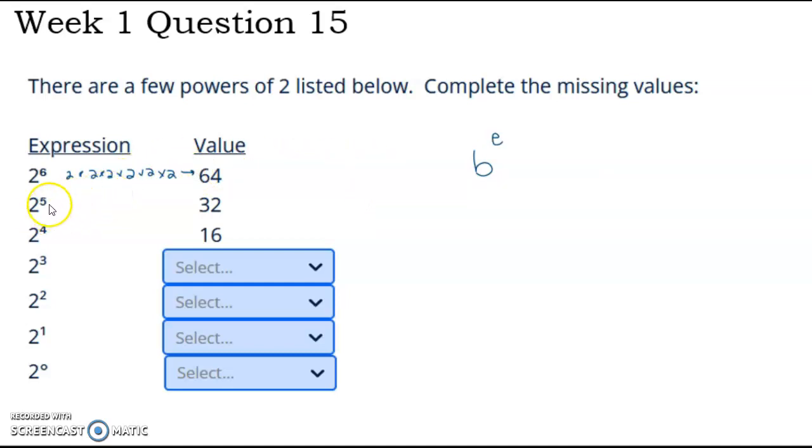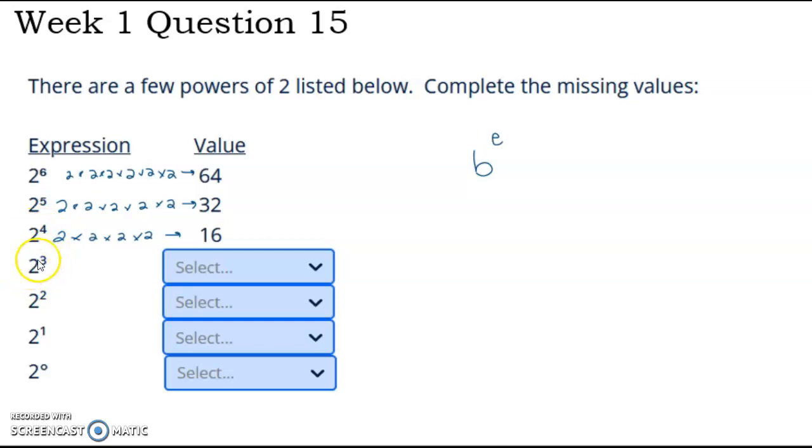2 to the 5th power is 2 times itself 5 times. That's how they got 32. 2 to the 4th power is the base times itself, however many times the exponent says. So that's 2 times itself 4 times.